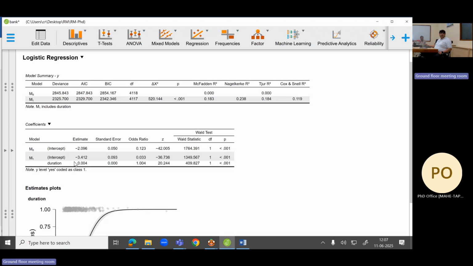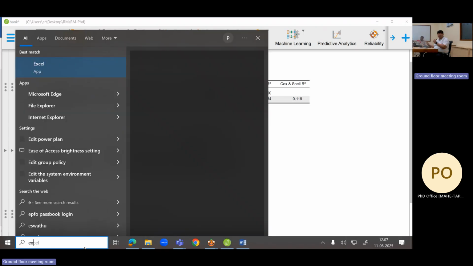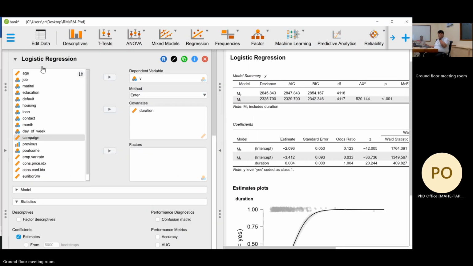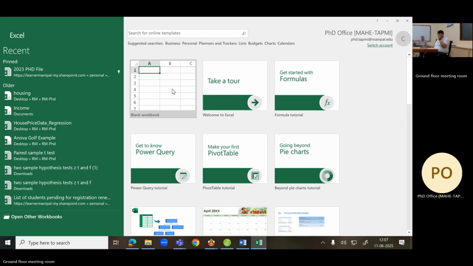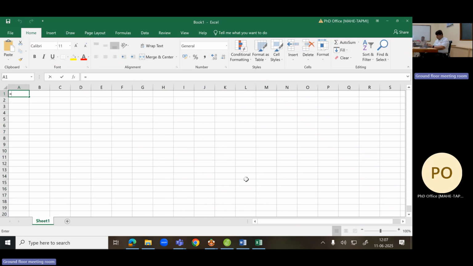This is e to the power of minus 3.41. You put it in Excel and see, you will get that. In Excel, you put equal to EXP.